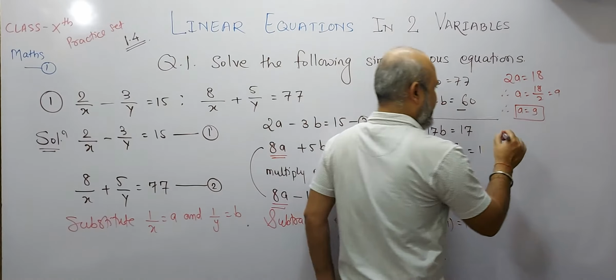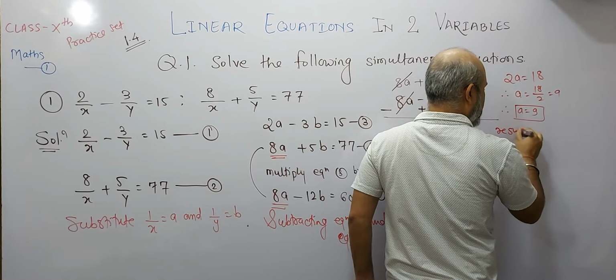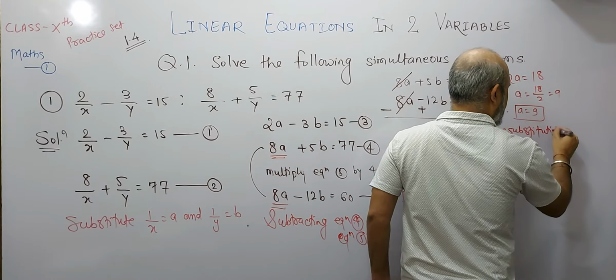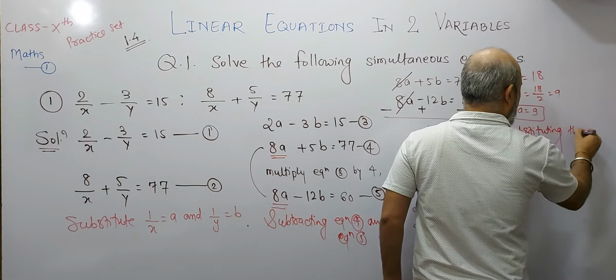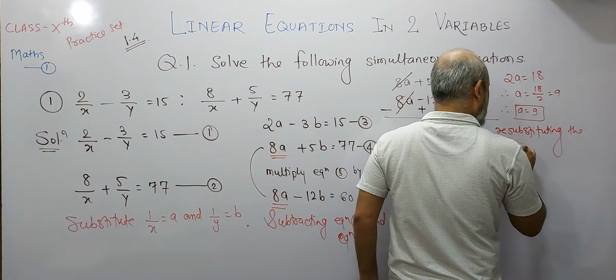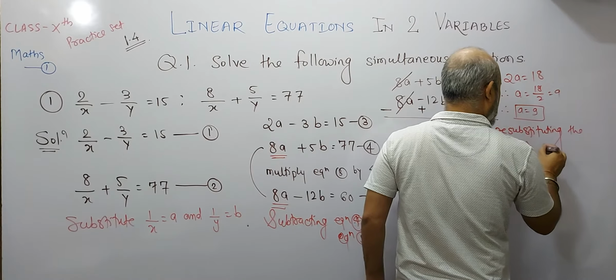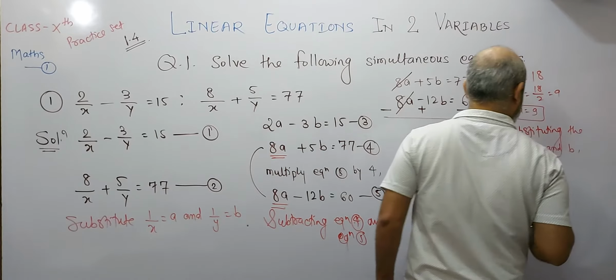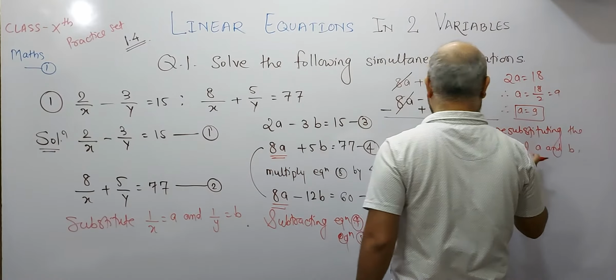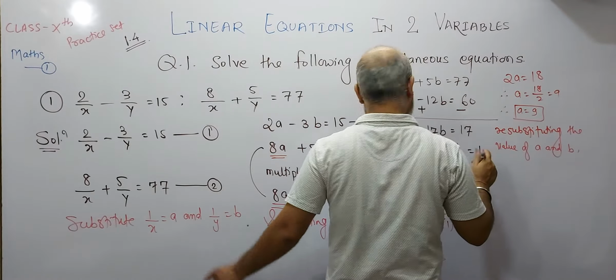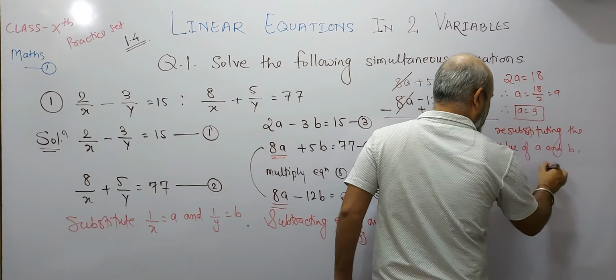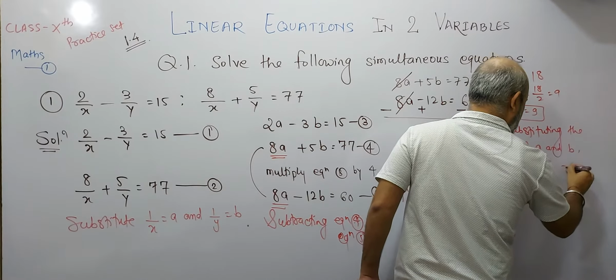So I will write here resubstituting the value of a and b. Okay. So resubstitute the value of a and b. So what is a? a is 1 upon x. So I will write here 1 upon x is equal to a and 1 upon y is equal to b.